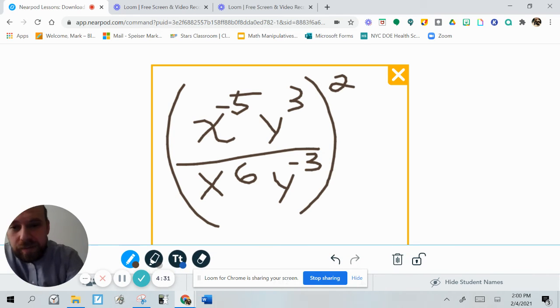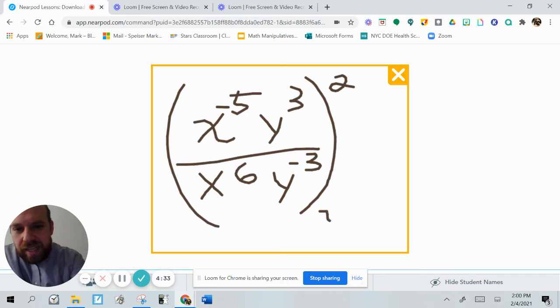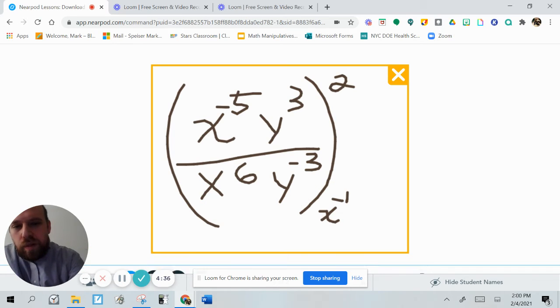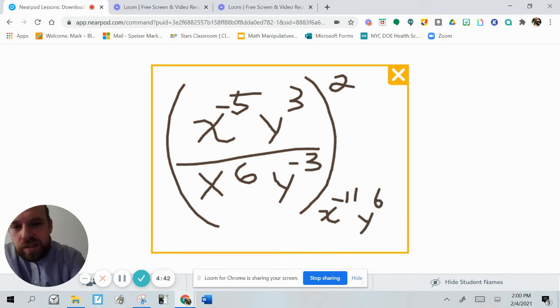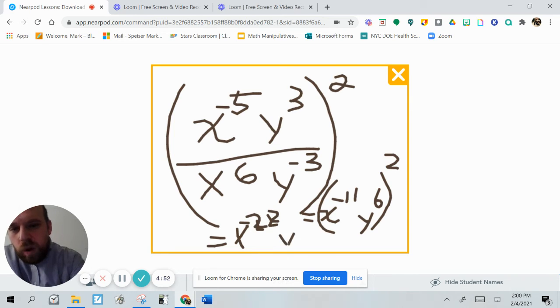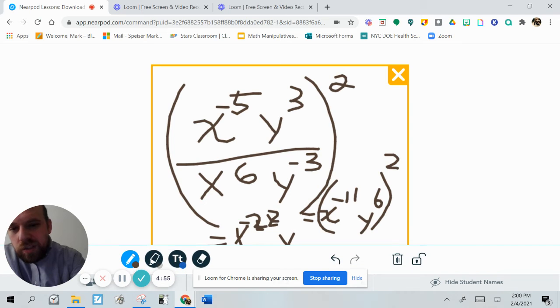So you first subtract: negative 5 minus 6 is x to the negative 11. 3 minus negative 3 is 6. Then you square that: x to the negative 22, y to the 12th.